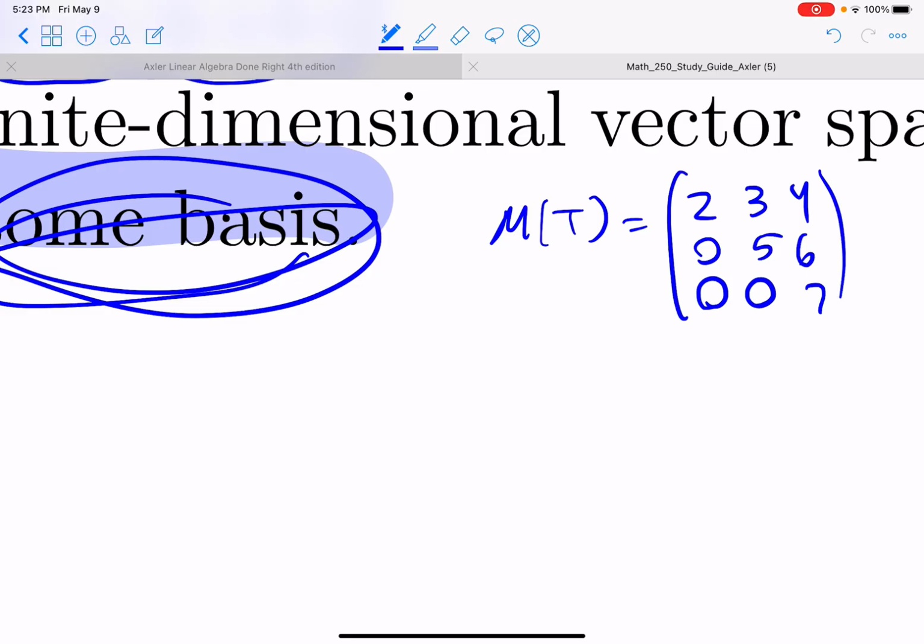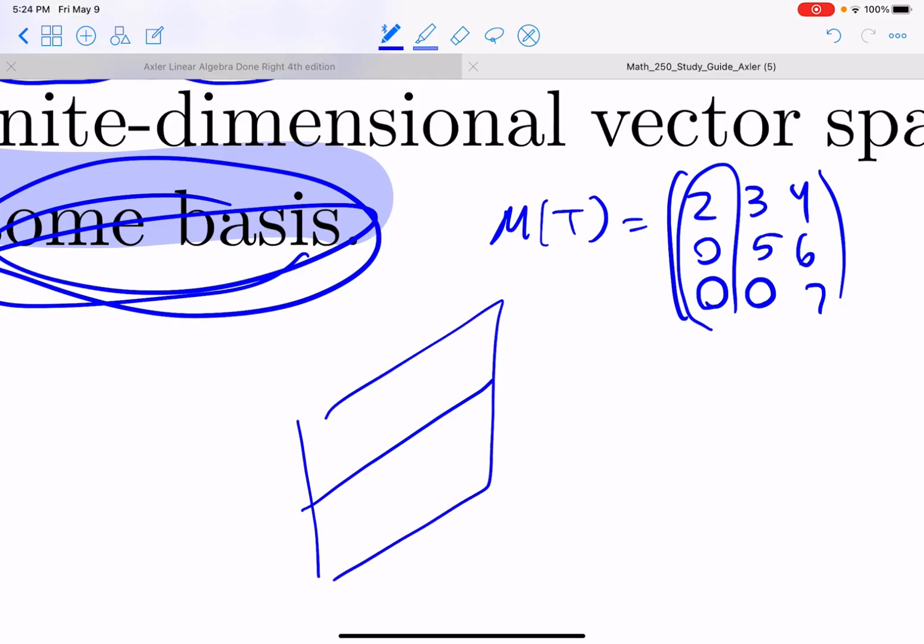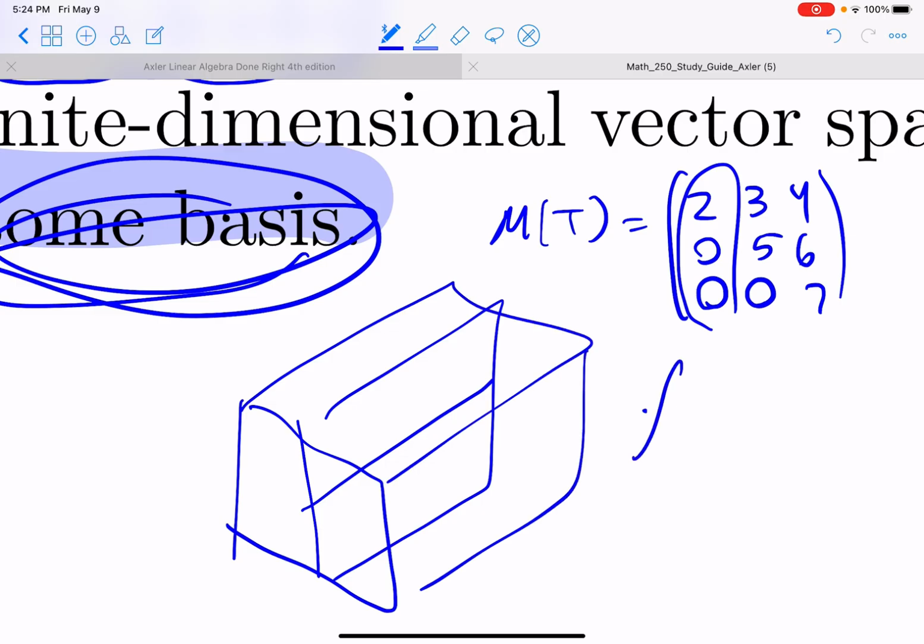And in particular, that means you always find a nested sequence of subspaces. The span of v1 is an eigenvector. Then there's some plane where the span of v1, v2 is invariant and contains v1. And then the span of v1, v2, v3 now is a three-dimensional subspace that contains those. This is called a flag.